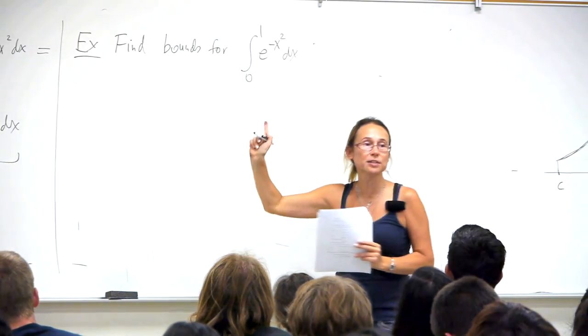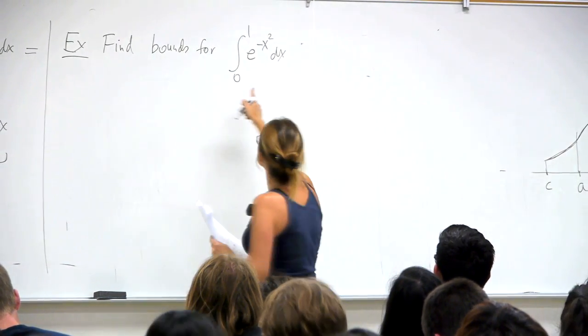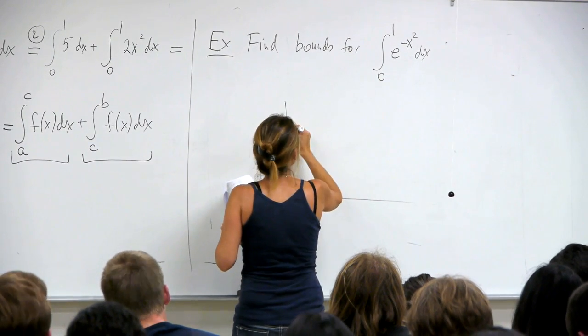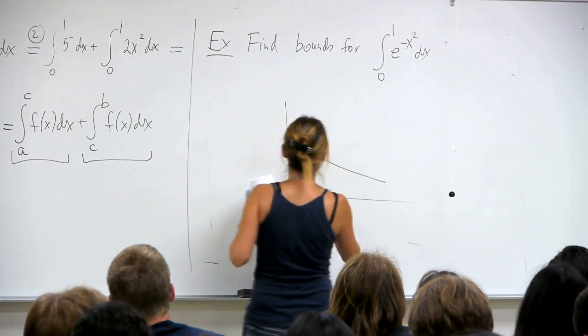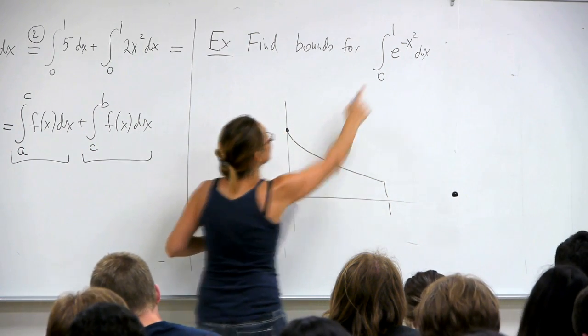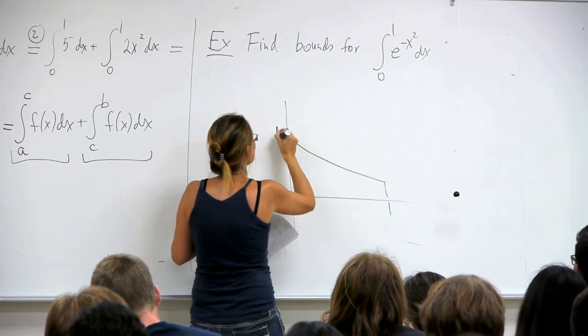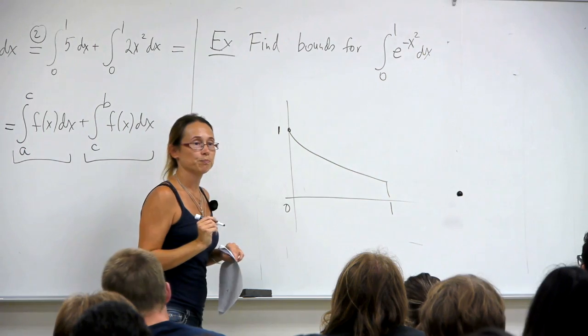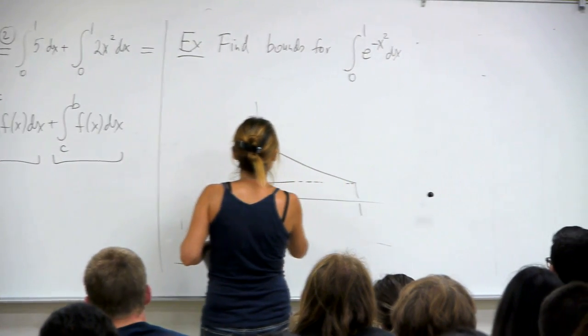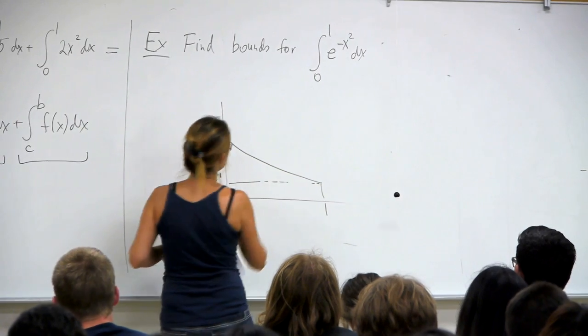But I can write down a double inequality that defines what it is. So let's plot this function. It's some decaying function of x, okay, between 0 and 1. When x equals 0, its value is equal to 1. And when x is equal to 1, its value is e to the minus 1.